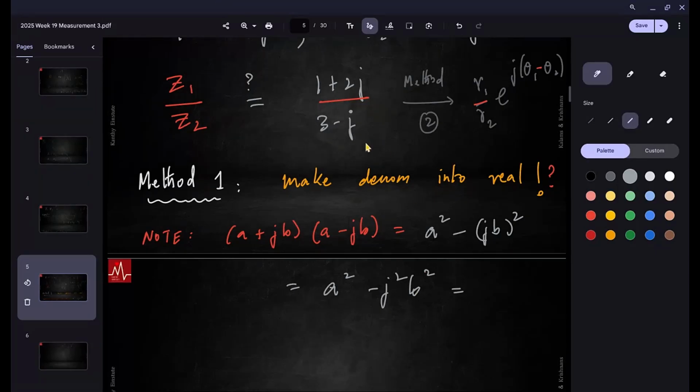So most of you went to that step, but let's just make sure that this is clear. Okay, so a square minus j square b square, but minus j square is plus 1. J square is minus 1. Minus of j square is plus 1. So what you get is a square plus b square.